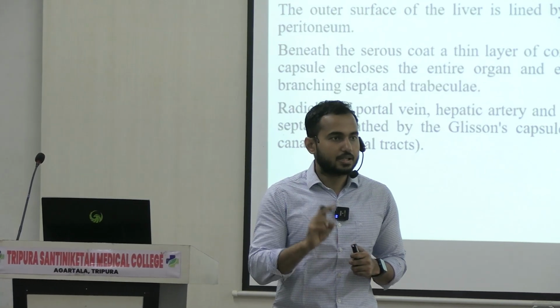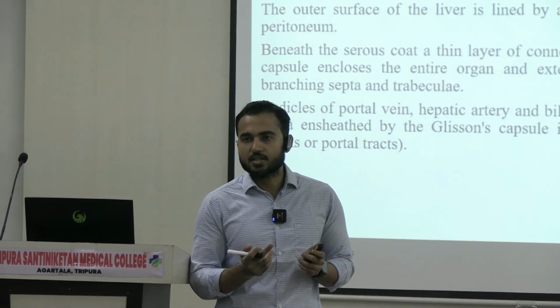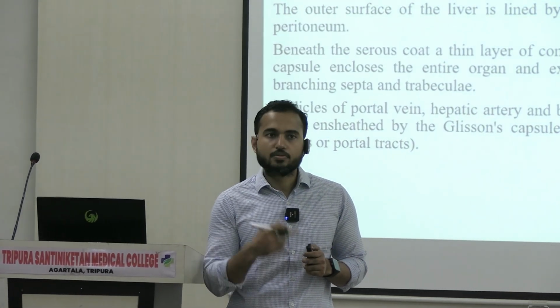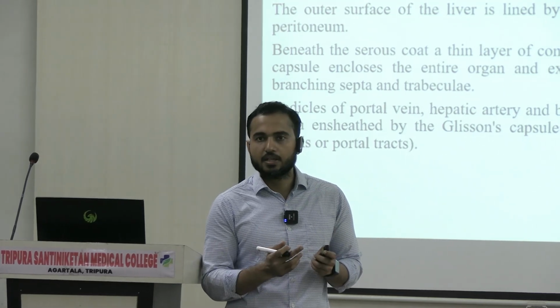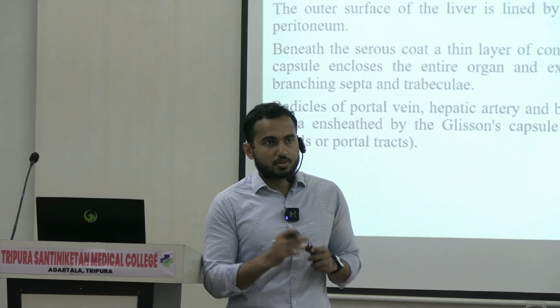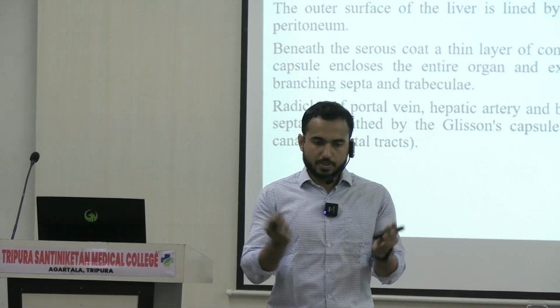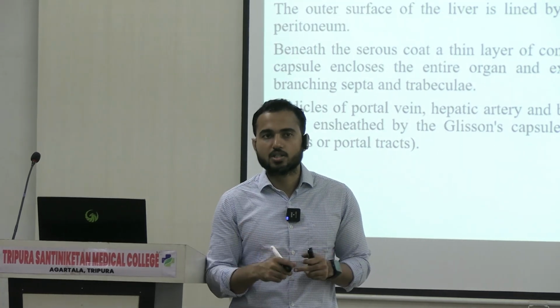Apart from this, the liver is covered by a connective tissue capsule called Glisson's capsule. Next, when you study the kidney, you will come to know it is also covered by a capsule called the renal capsule. So this connective tissue covering completely encircles the gland or structure.